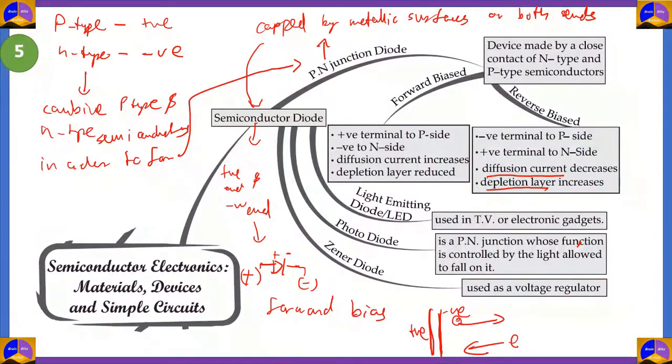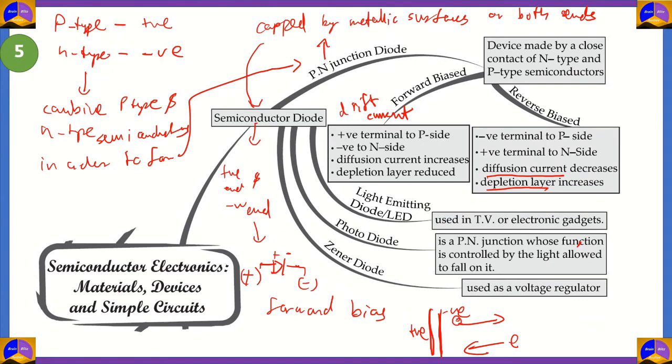That current, which is due to the external field, is called the drift current. So in a semiconductor diode, you have two types of currents: the diffusion current and the drift current. Both are essentially the movement of charged particles. The only difference is that drift current occurs in an electric field and diffusion current occurs naturally.